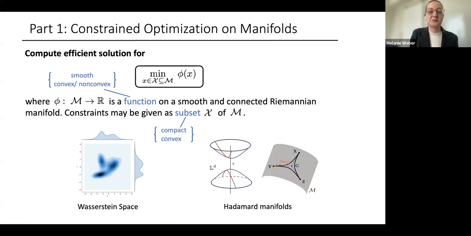So for instance, there's been recently a lot of interest in studying sampling algorithms through a Riemannian lens. Many sampling algorithms can be seen as an optimization in Wasserstein space, so in the space of probability densities. And then tools from Riemannian optimization can be used to understand the convergence rates of such optimization routines and can then be used to derive convergence guarantees for sampling algorithms.